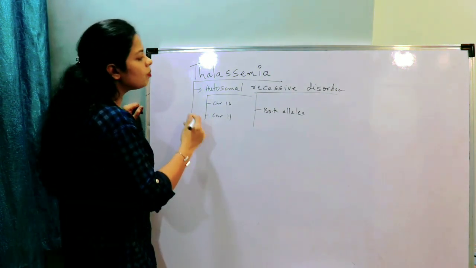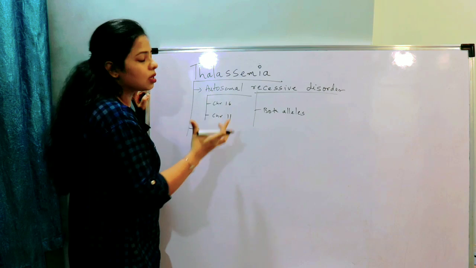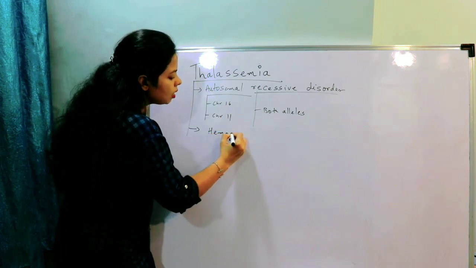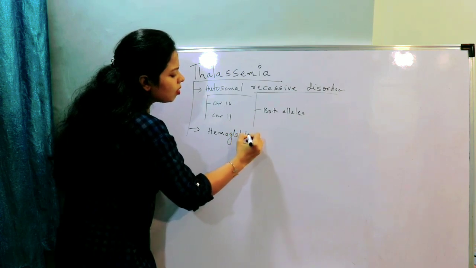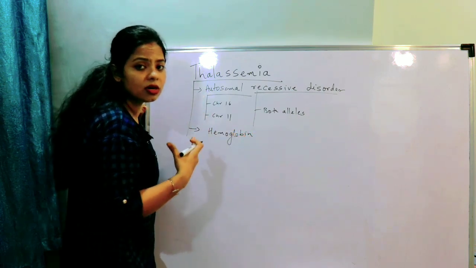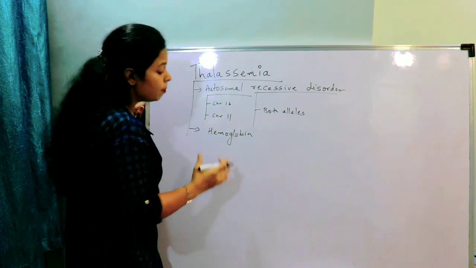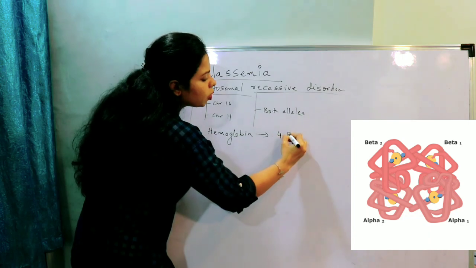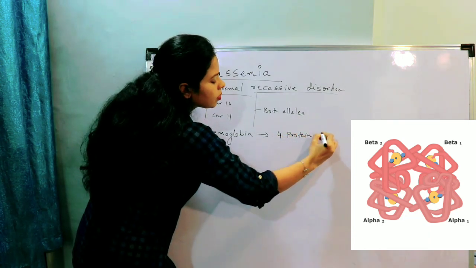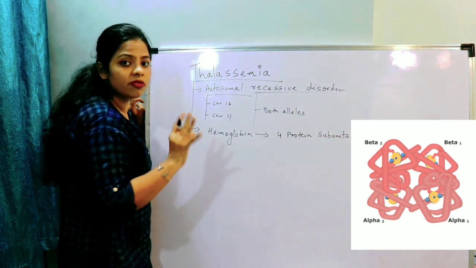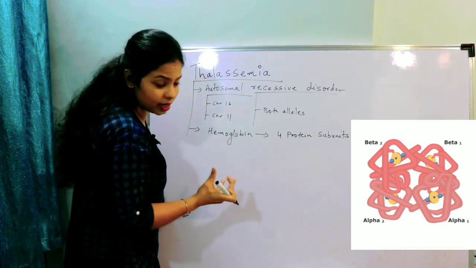Now let's see how this disease occurs and what it affects. It affects hemoglobin. Hemoglobin is the most important part of RBC because it carries oxygen to all the parts of your body. Now hemoglobin basically consists of 4 protein subunits, that is, 4 polypeptide chains.